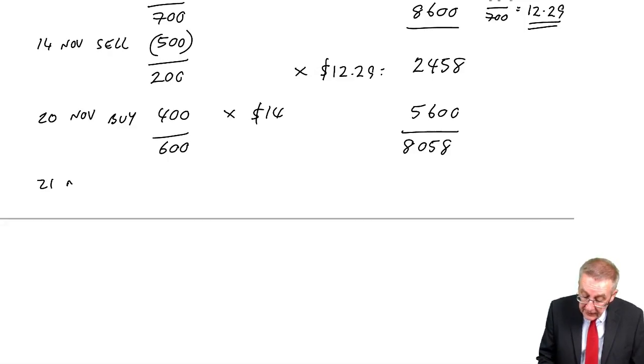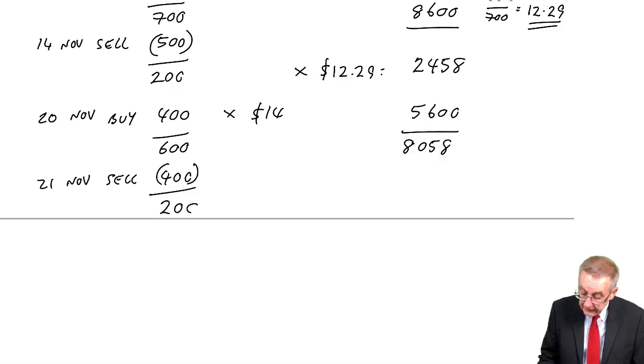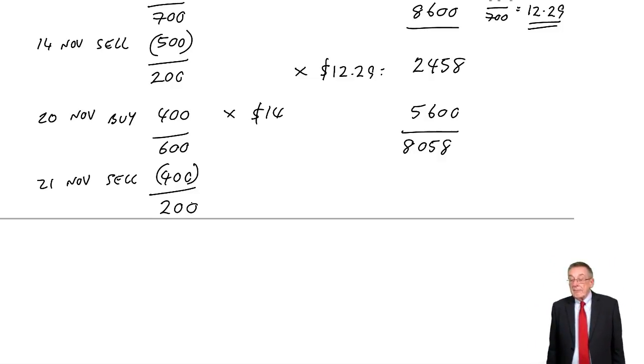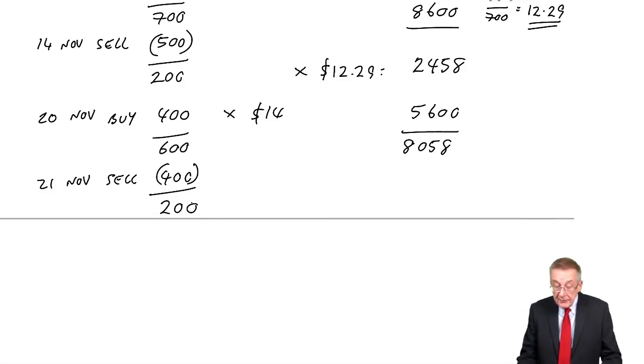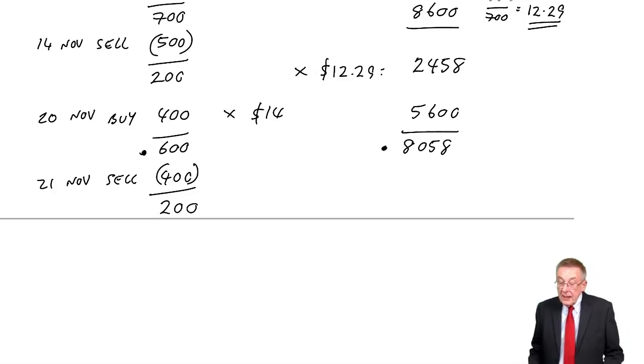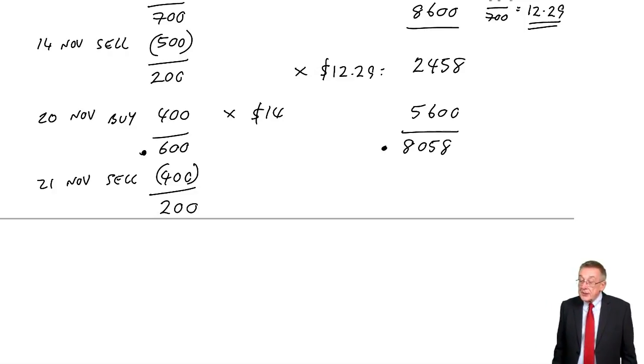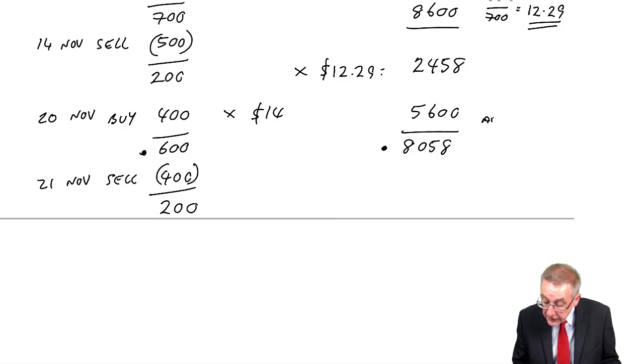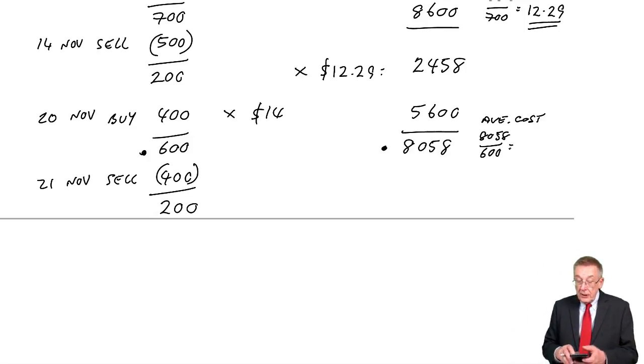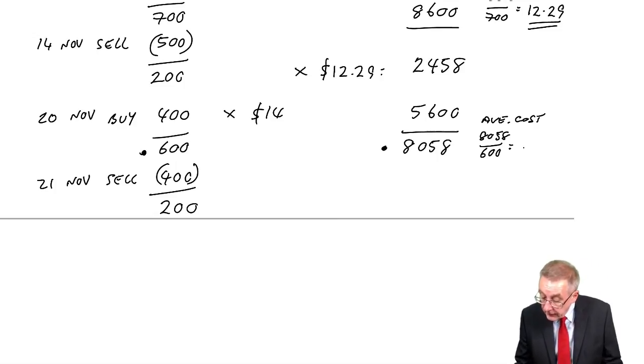However, on the 21st of November, we sold some. We sold 400 rather, with 200 left. And the question is, how are we going to value them? Well, those 200 are part of those 600 we had. And those 600, they had a cost of 8,058, so the average cost of those, 8,058 over 600, the average cost, I think 13.43.